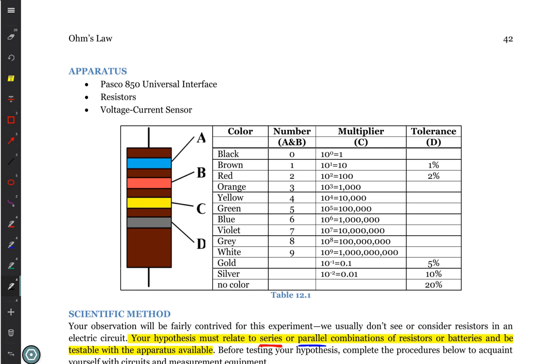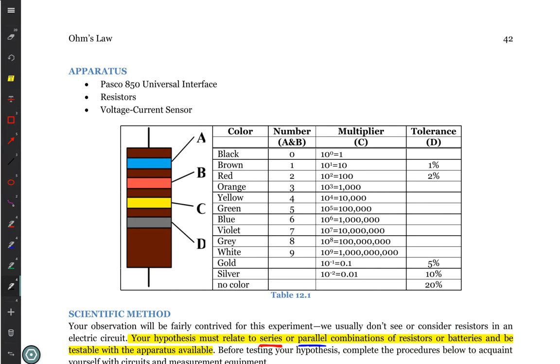The last band is going to be gold or silver. Since this has gold on one side, I know that's the bottom. And the colors on this one are brown, I think that's gray, got to pay attention, red, and gold.